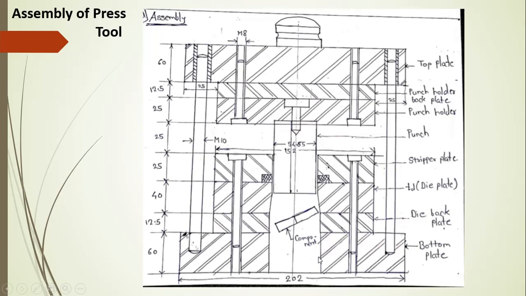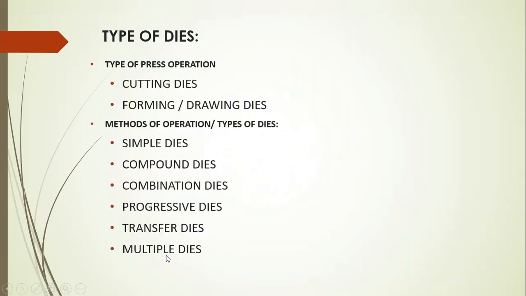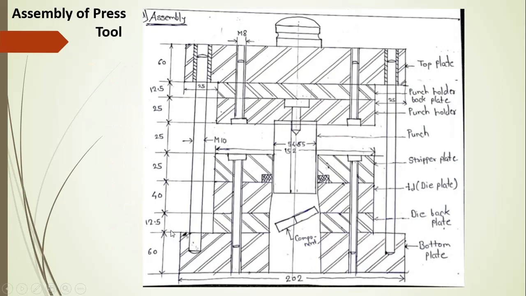In assignment two we are solving this problem. If you observe, I shared it in your group also. These dimensions were calculated there: top plate dimension, bottom plate dimension, then die back plate dimension, thickness of the die back plate, punch holder back plate dimensions, then punch holder plate and stripper plate.